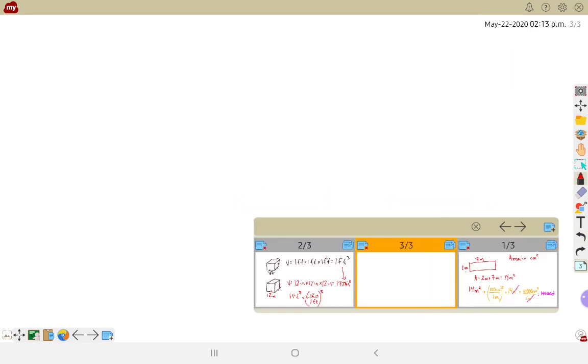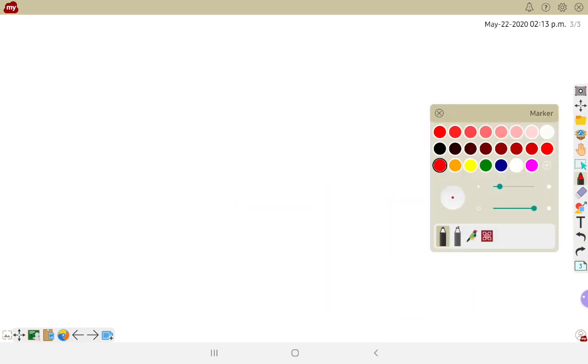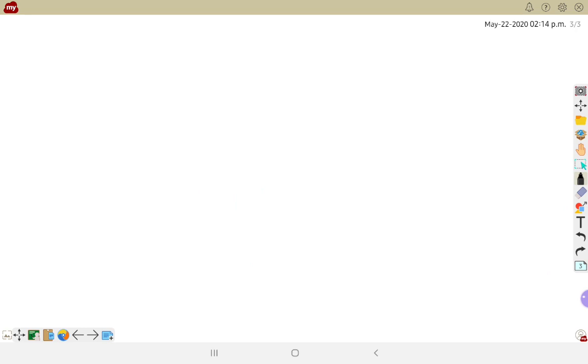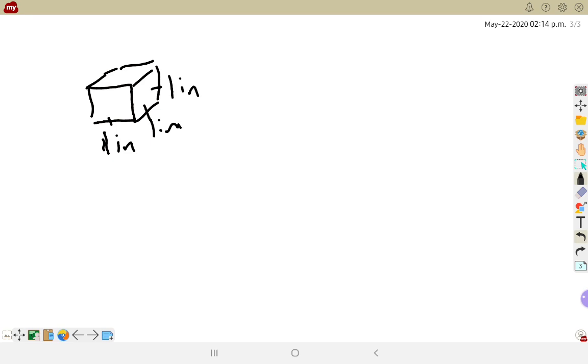Now we can do the exact same thing working with metric to imperial or imperial to metric. Okay, why don't we go from imperial to metric, because we'll have some nicer values to work with. So let's say I have an inch cubed. 1 inch, 1 inch, and 1 inch.